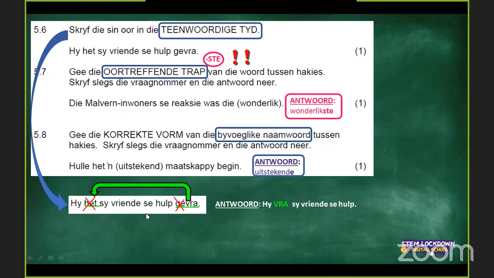You'll see once again, it is only the verb moving around in the sentence. So as ons kyk na die antwoord, hy vra sy vriende se hulp. Okay, kom ons kyk. I did explain kappe van vergelyking the other day in one of the lessons. So ek het hierso vra hulle vir julle gee die oortreffende trap van die woord tussen hakkies.